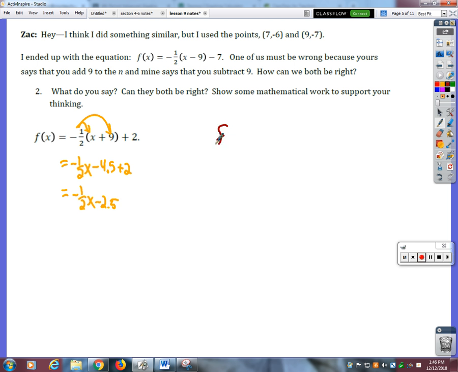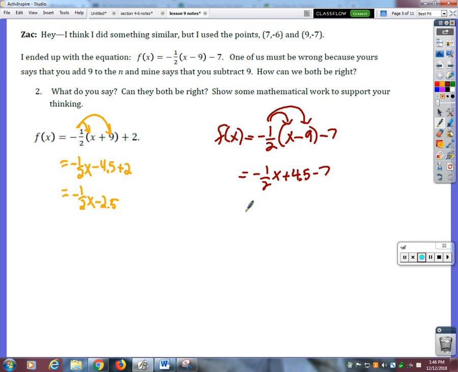Now let's do the same thing with Zach's. So he used different points, and he had negative 1/2 times x minus 9 minus 7. So let's go around again. What do you get when you distribute the negative 1/2 to both of those numbers? Negative times a negative is positive. 1/2 of 9 is 4.5.